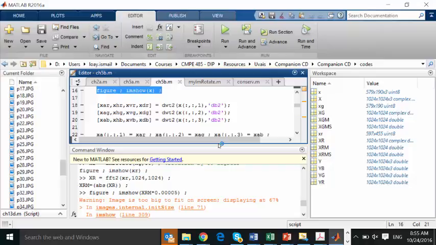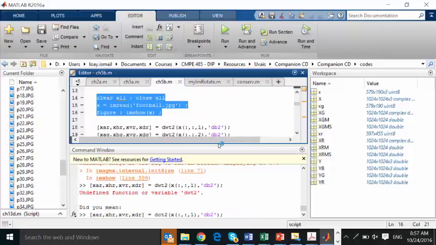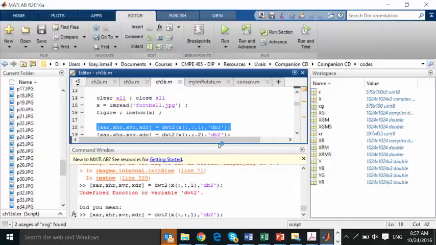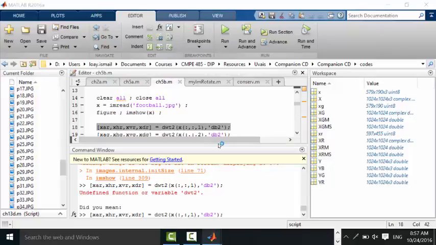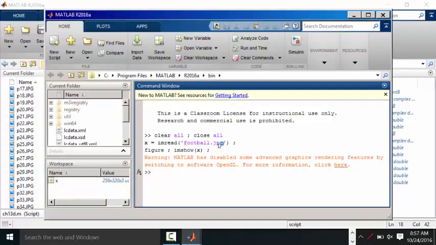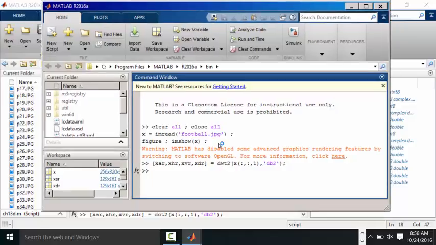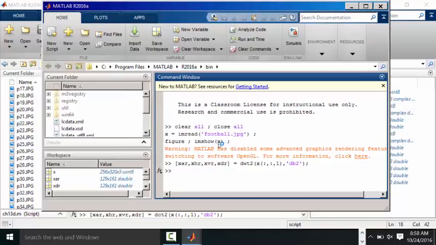Okay, so if we take this line here, as you can see, this is the dimension of the X, 156 by 120.